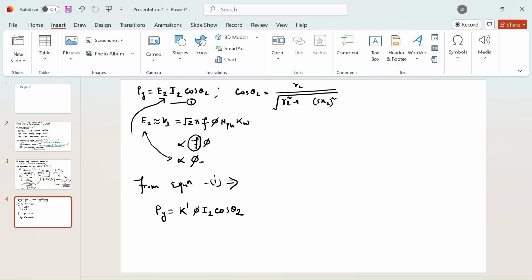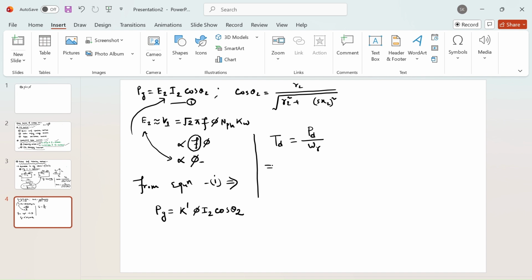one more thing that we can discuss here, we need to calculate the developed electromagnetic torque. The developed electromagnetic torque TD is nothing but PD by omega r, the rotor speed.